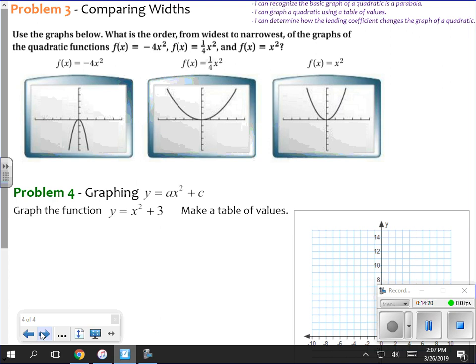Ignoring opening up or down, which graph is the widest? The second one. What's my equation on here? 1/4 x squared. So this one is the widest, has 1/4 in front. Which is the one in the middle?